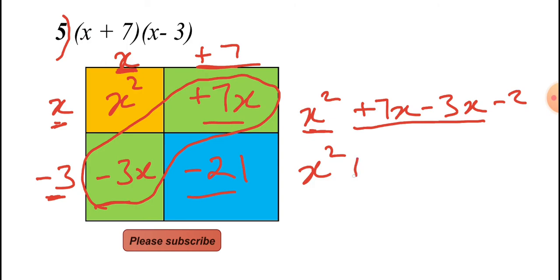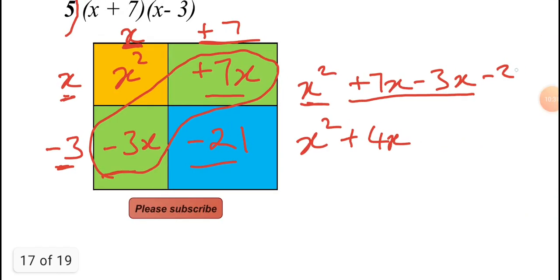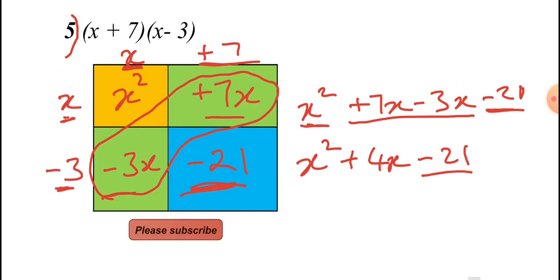So it's plus 4x. And then the minus 21, we just copy down, because there's no collecting like terms. So the final answer is x squared plus 4x minus 21.